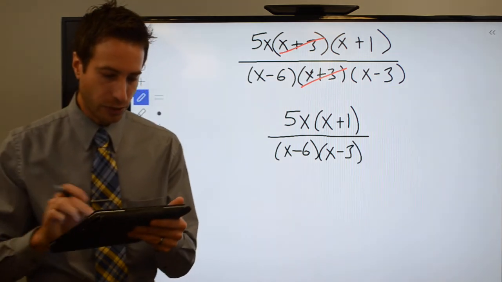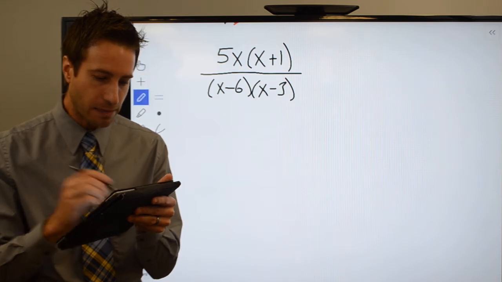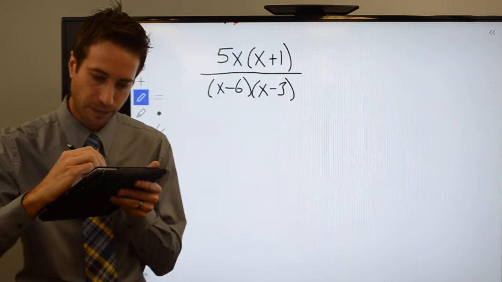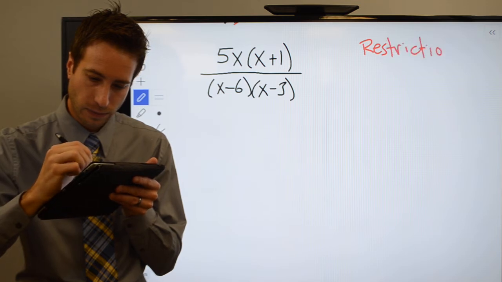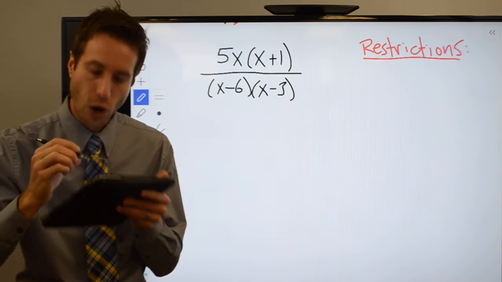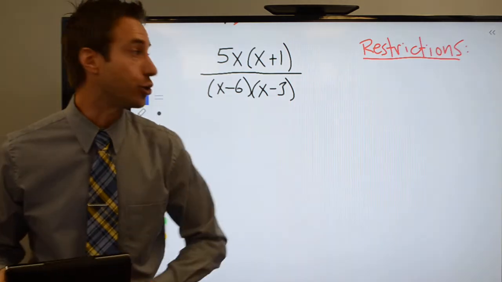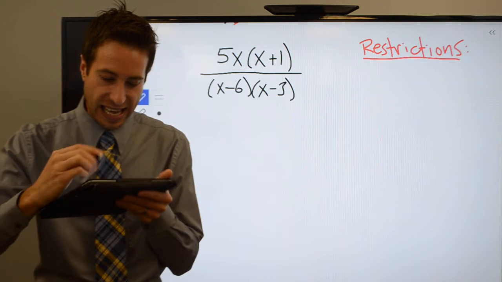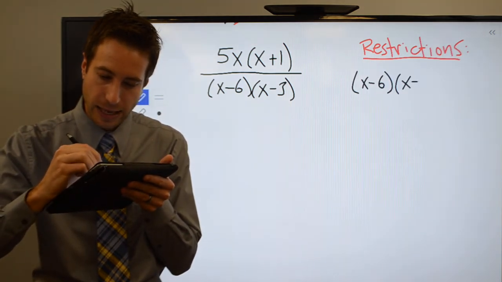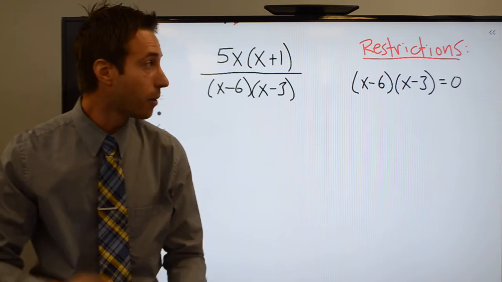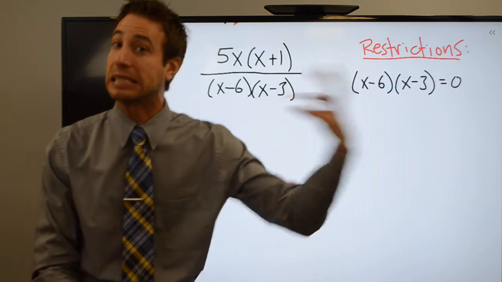Now what I need to do is find my restrictions. What is x not allowed to be? Well, in order to do that, you just take your denominator and set it equal to 0. X minus 6 times x minus 3 is equal to 0. It's already factored. That is a product, x minus 6 times x minus 3.